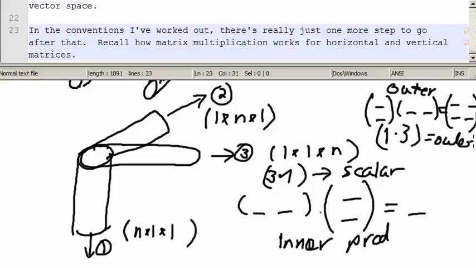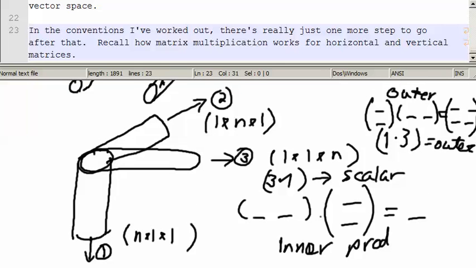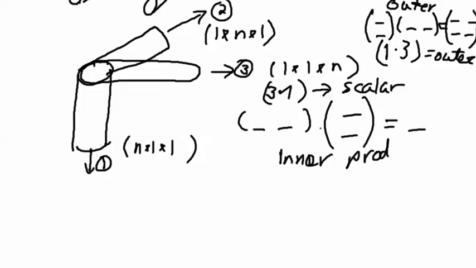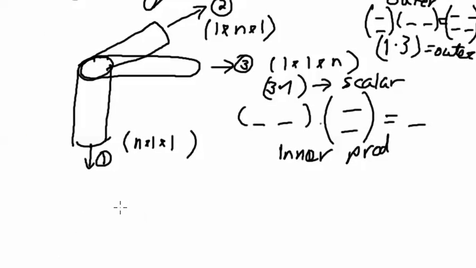And what I'm going to do is maintain those so that outer products are 1, 3, 3, 2, and 2, 1.